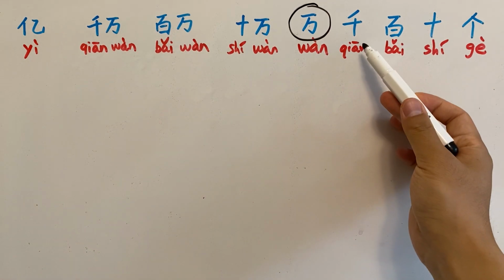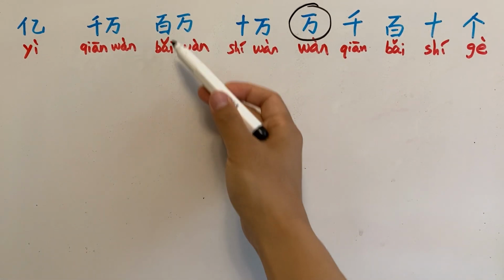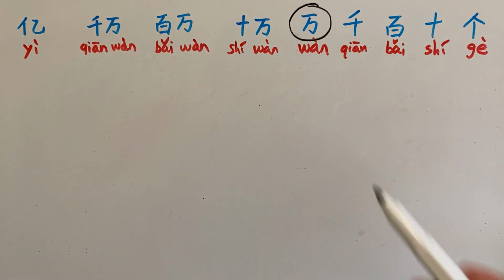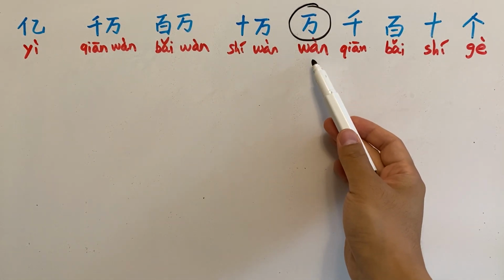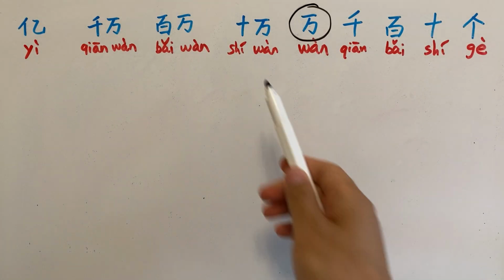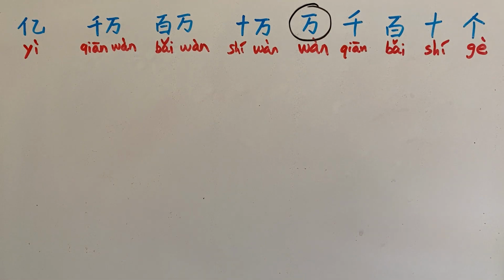From thousands, it jumps to millions. But in Chinese, we have this one, 万, which means 10,000, and then 100,000. So we have one more unit, and the situation is totally different from English.